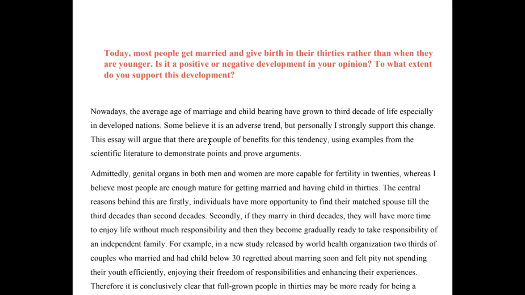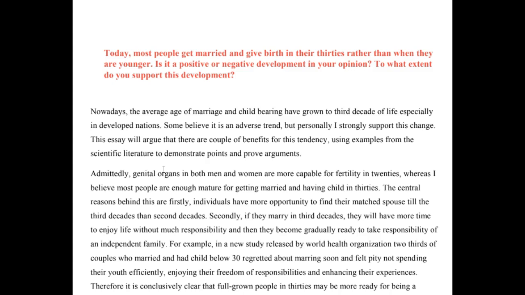Okay, fine. Okay. Admittedly, genital organs in both men and women are more capable for fertility in their 20s. I don't know if you mean just their organs themselves, but maybe you mean the reproductive system? Perhaps you should make it a little more general to refer to the entire system involved in reproduction rather than just the organs themselves, okay?